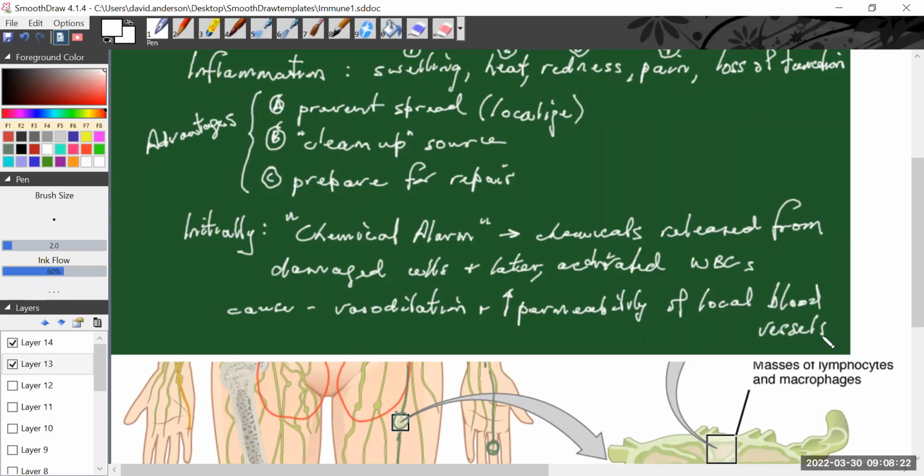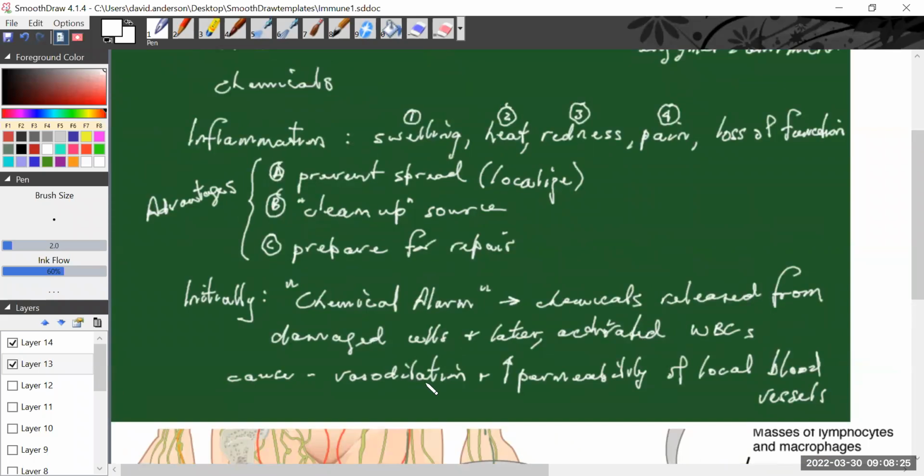And you can imagine that when we make the blood vessels bigger they're going to come closer to the surface of the skin. That's where we would get redness. We can see the contents of the blood vessels under vasodilation. That's what happens when you blush, vasodilation. But we also increase the permeability of the local blood vessels. So at the site of the injury, we're going to see swelling, and blood is warmer than skin, so we're going to get heat. Now, some of the chemicals are responsible for pain.